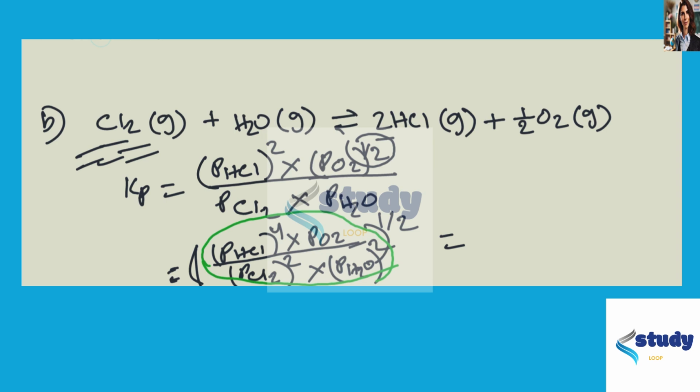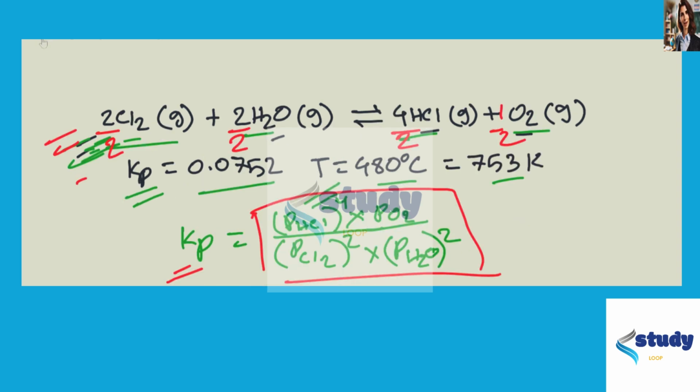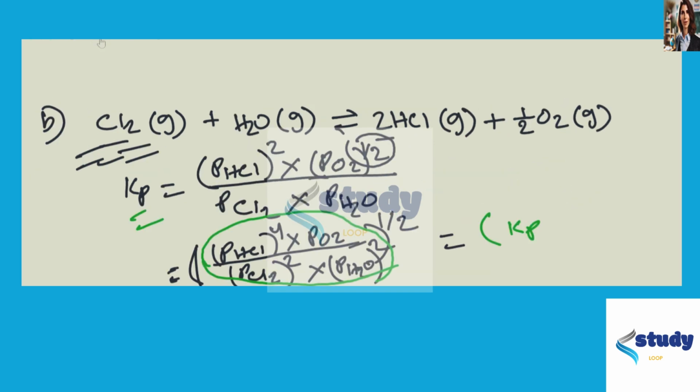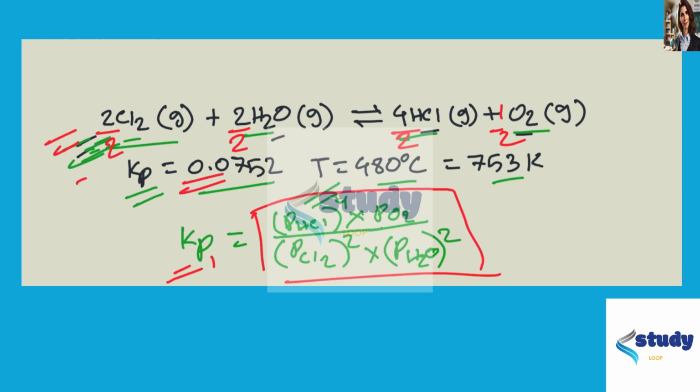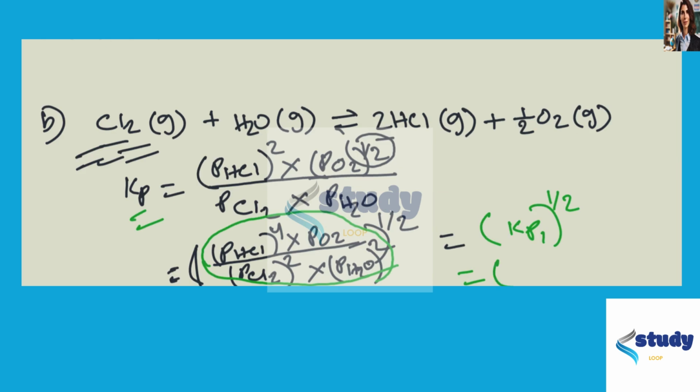That means we can write the Kp value for this reaction in terms of the Kp value for the reaction given. If we term it Kp1, this is basically Kp1 to the power half. That means if we just take the square root of the Kp value of the given reaction, we will get the Kp value for this reaction.